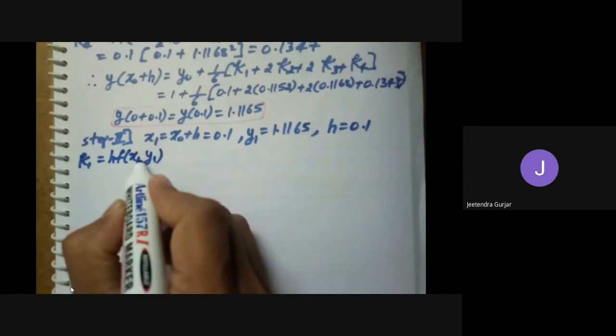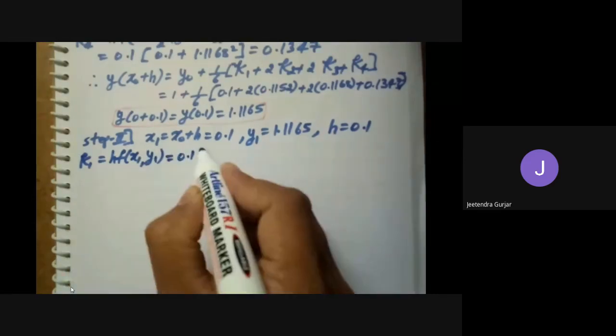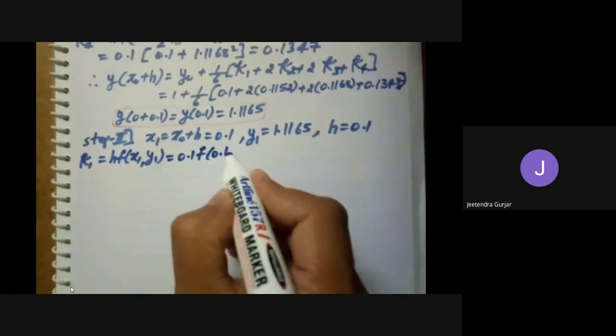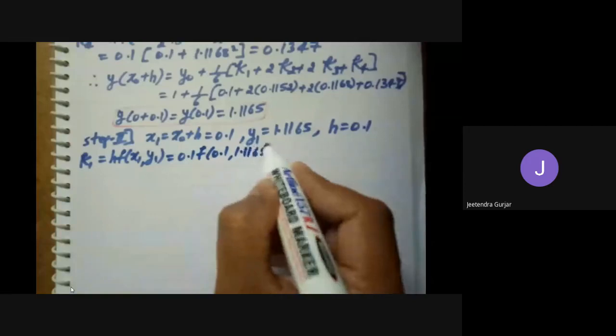Now, students, h is 0.1, x1 is 0.1 and y1 is 1.1165. So substitute values, students: 0.1 times bracket 0.1 plus y square. Remember, x is 0.1, y square is 1.1165 square. You calculate this and the answer is 0.1347. K1 we get 0.1347.